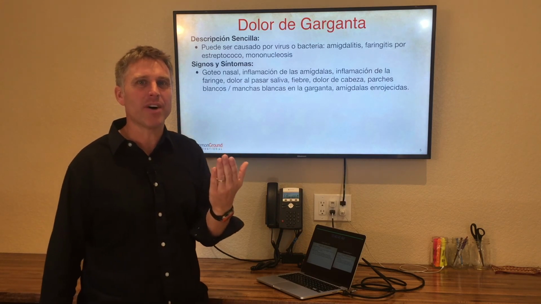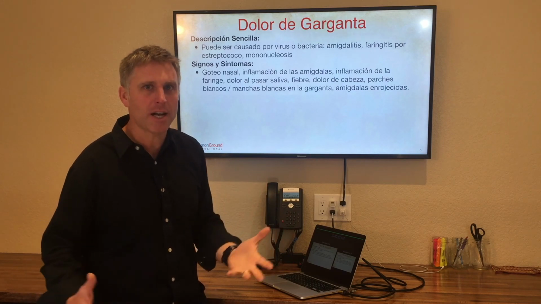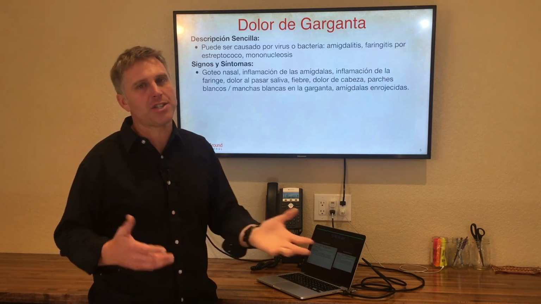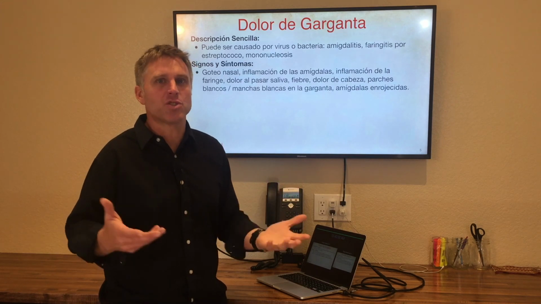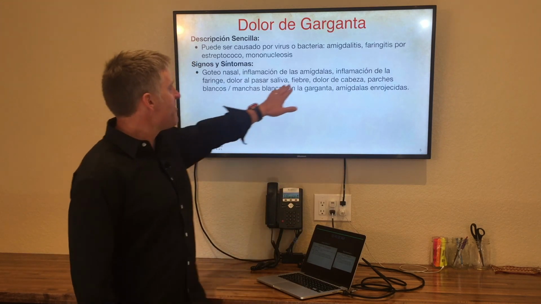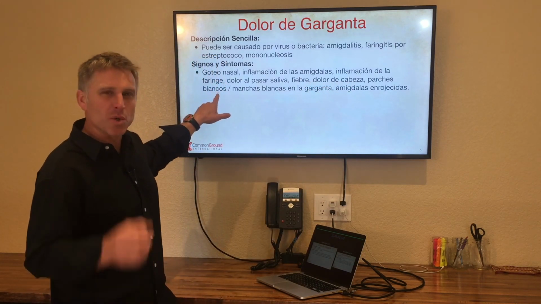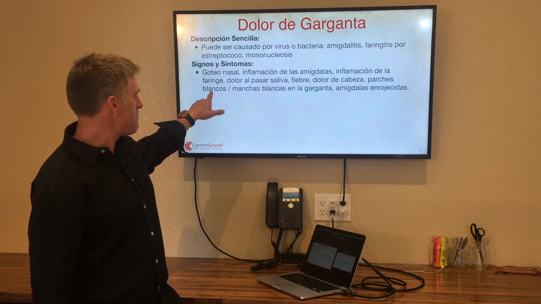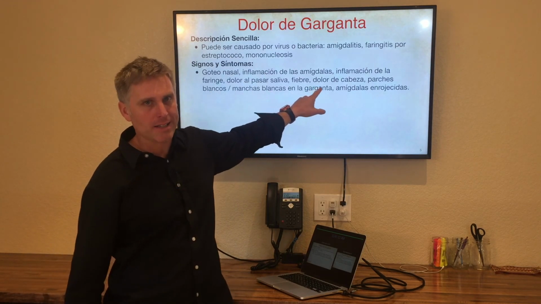So, pasar saliva is a great way to say swallow when we're not talking about swallowing food or actually ingesting something. Just the action of swallowing, pasar saliva. Fiebre, dolor de cabeza, parches blancos, so white patches or manchas blancas or white spots en la garganta.